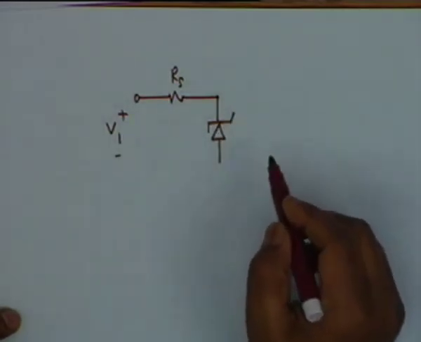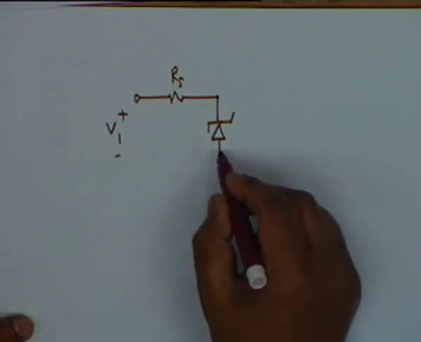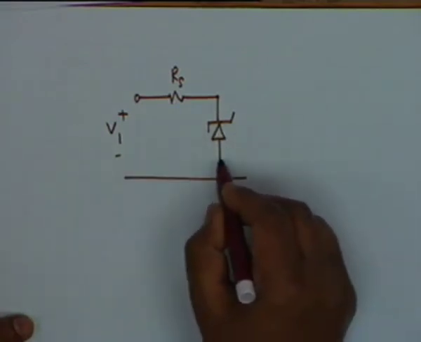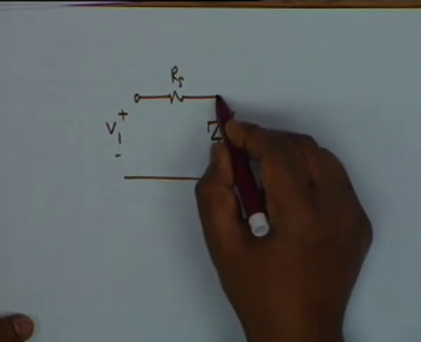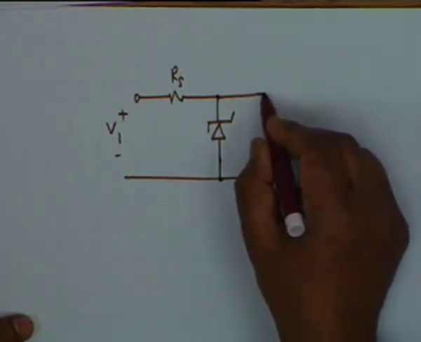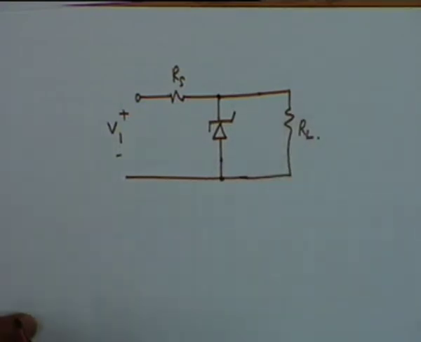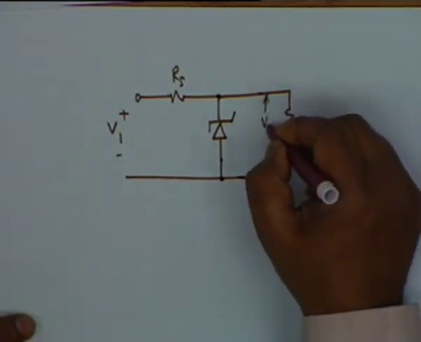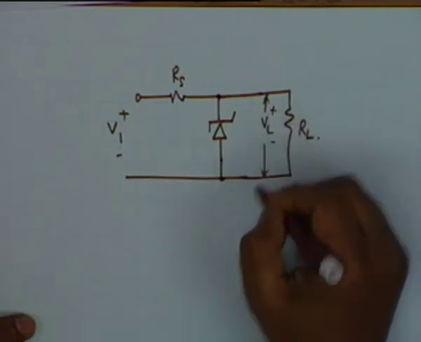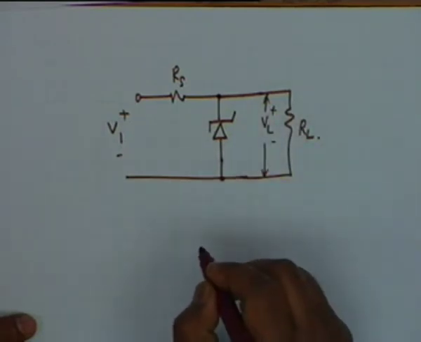If it is a wavy line like this, then it is a Zener diode, and you see the Zener is connected in the reverse biased mode, and then you have the load RL, alright. This is the circuit, and it is this voltage which is required to be maintained constant.